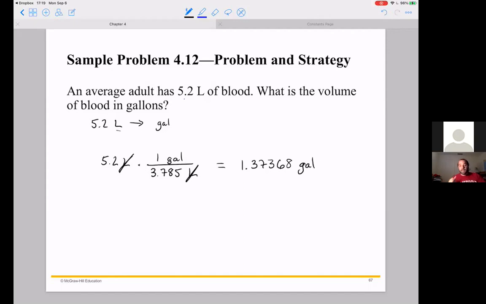Good, that means that I set it up correctly. The reason that you want to do this as a second step is basically just to make sure that you've actually set up your problem correctly. As long as you've set it up correctly, the units will all cancel out beautifully. That's a great way to check that you haven't flipped a conversion factor or something like that. And then what's the last step going to be? Sig figs.